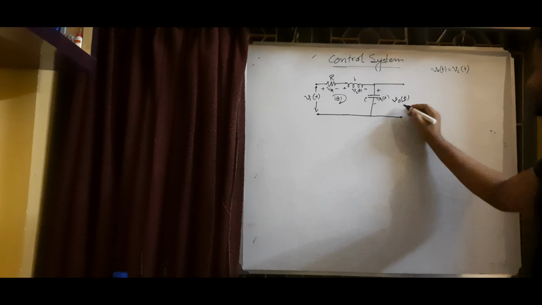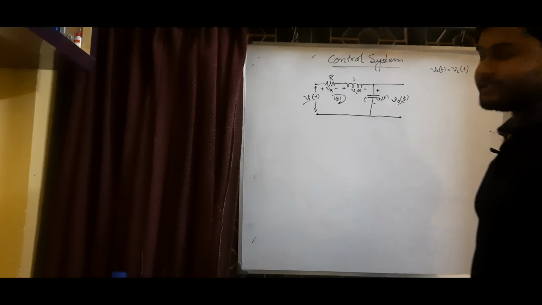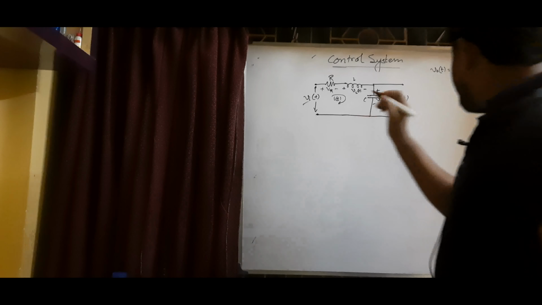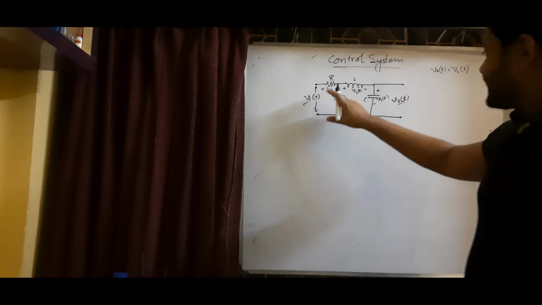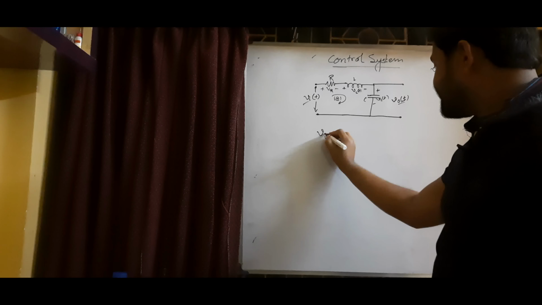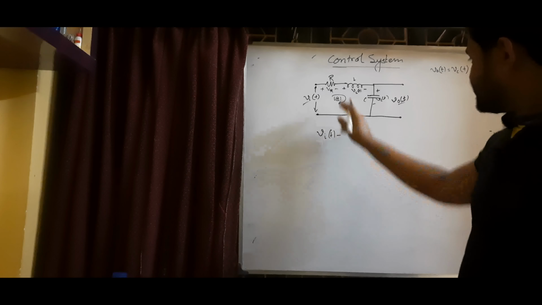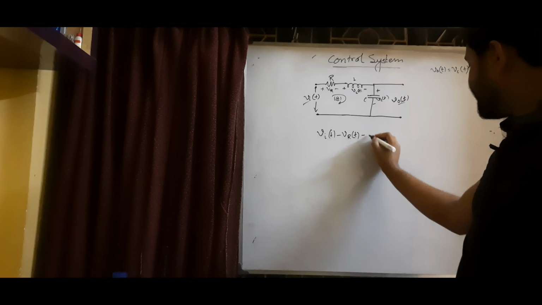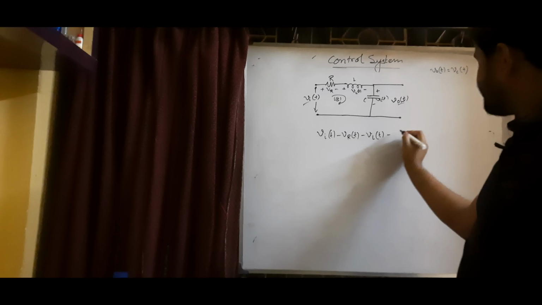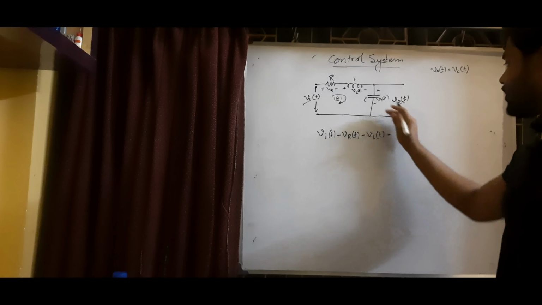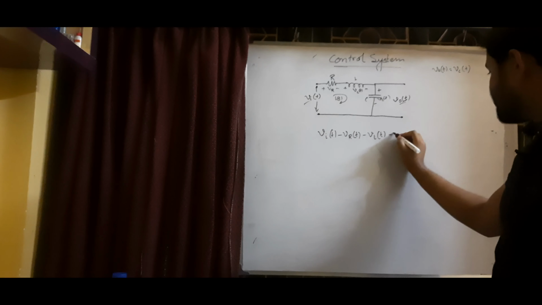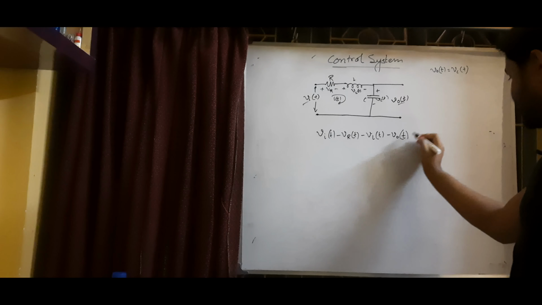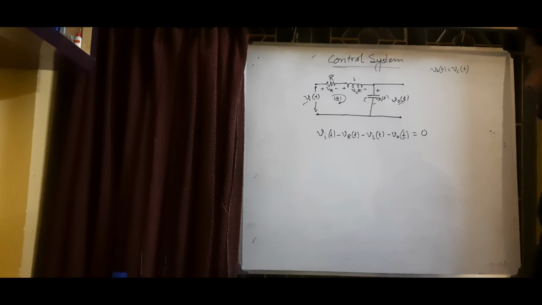Now I want to represent this v_0(t) in terms of v_i(t). So let me do some manipulations here. First, apply KVL in this loop. v_i(t) minus v_R(t) minus v_L(t) minus v_C(t), or we can call it v_0(t) because both v_0(t) and v_C(t) are the same, equals 0.